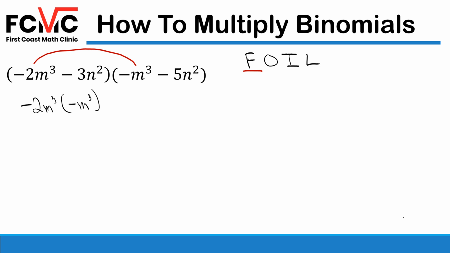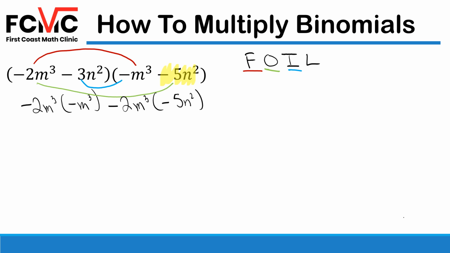Then our outer will be the negative 2m to the third and the negative 5n to the second. So I've got to include this sign here. So I can write this as negative 2m to the third times negative 5n to the second. Then we've got the inner, negative 3n to the second times negative m to the third.